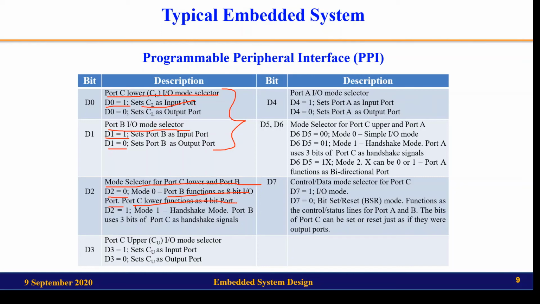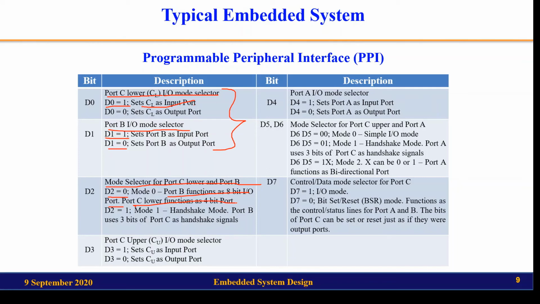Next, port C upper and port A form a group, and the mode associated with this group is selected by using the D6 and D5 bits. See here, port C lower and port B mode can be selected by using only one bit, that is the D2 bit itself. But for port C upper and port A, the mode selection is done using 2 bits, D6 and D5.